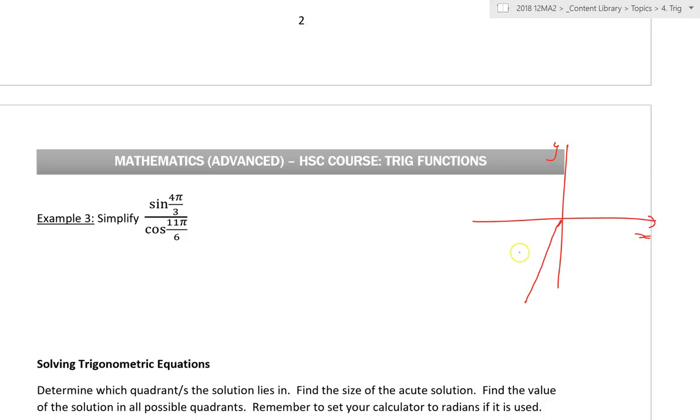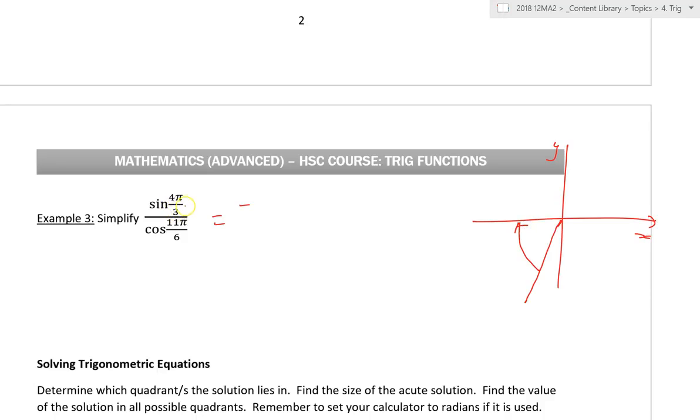Now, using ASTC, this is going to be equal to the negative. I always need to measure my angle back to the horizontal, the acute angle to the horizontal. How much more than pi is this?